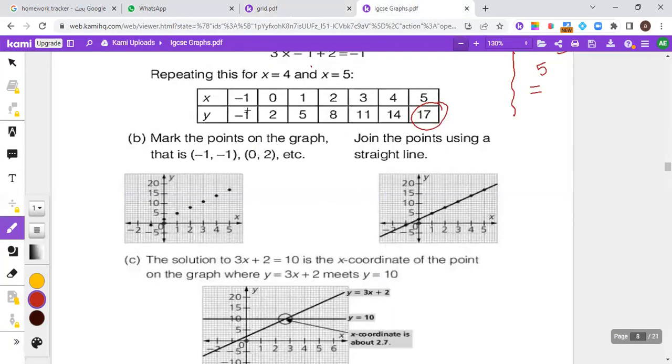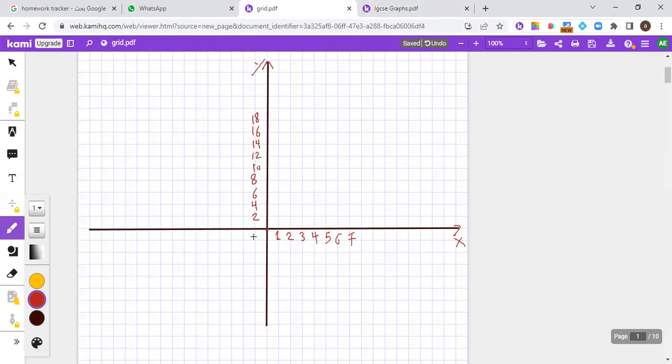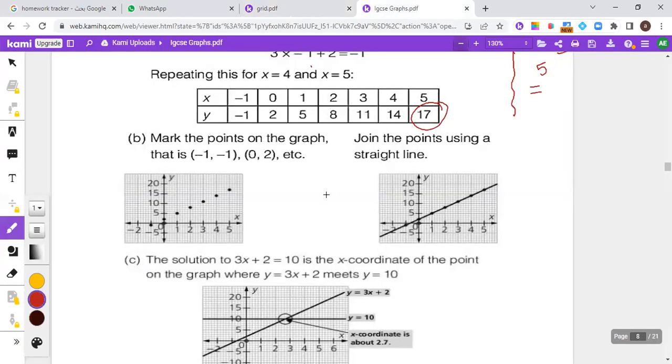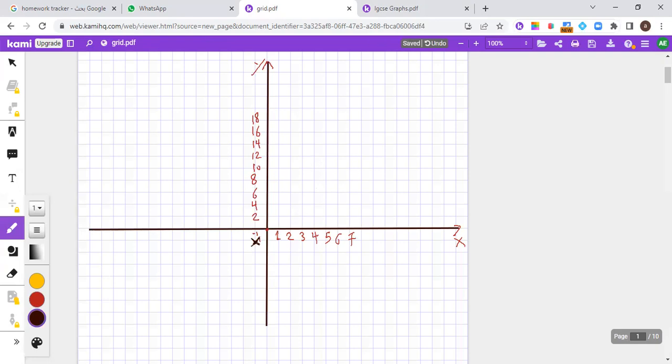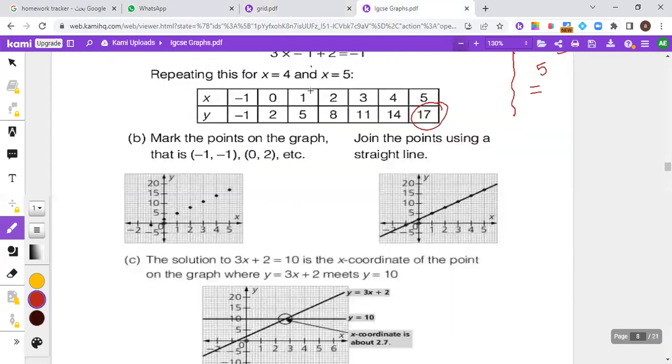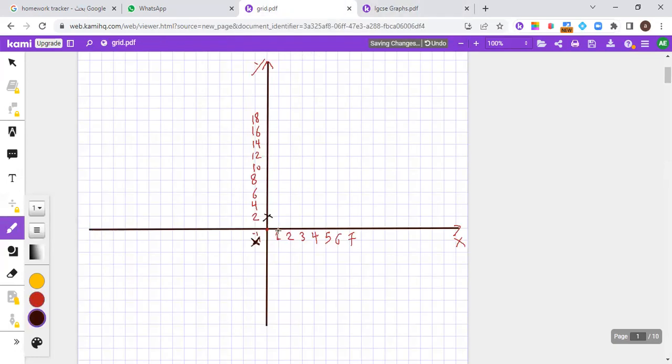So the first point is (-1, -1). Then (0, 2), then (1, 5), where 5 is between 4 and 6.